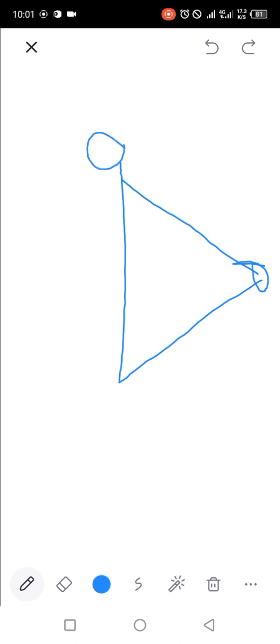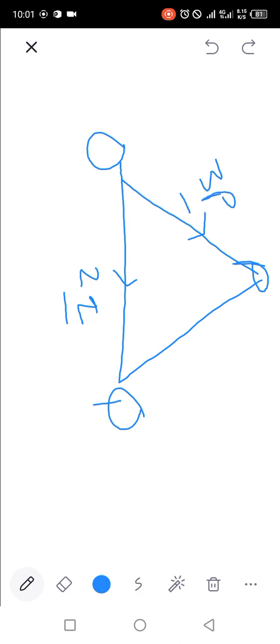O, P, Q. So here you are expressing the vector QO.